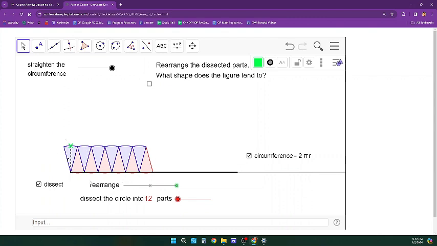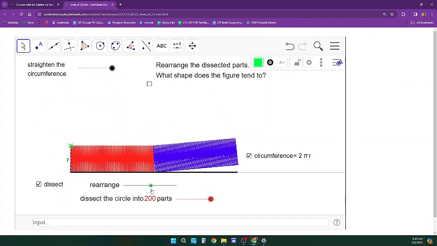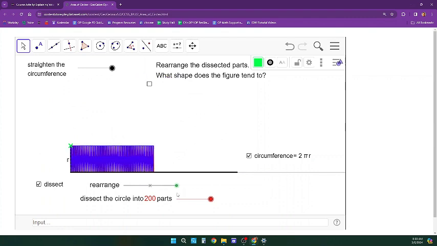And you might say, hey, this doesn't resemble a rectangle exactly. We don't have justification for calling this a rectangle. And that's a fair criticism until we realize we can dissect it into more than just 12 parts. If we raise this and dissect it into more and more parts, and rearrange it like we did before and fold it in on itself, it very much resembles a rectangle here.